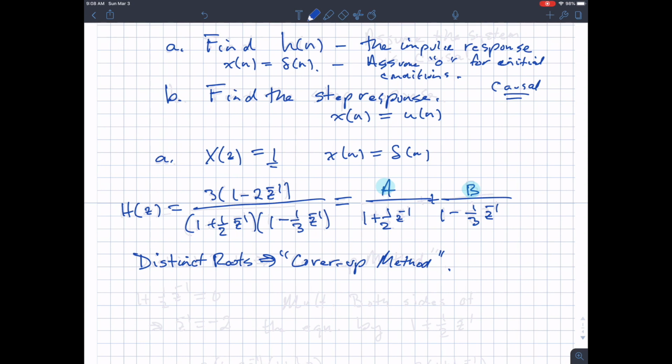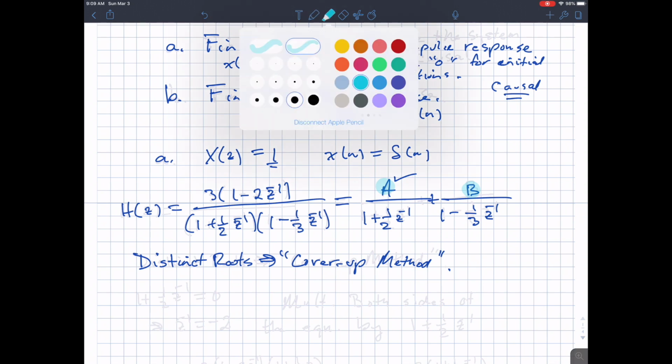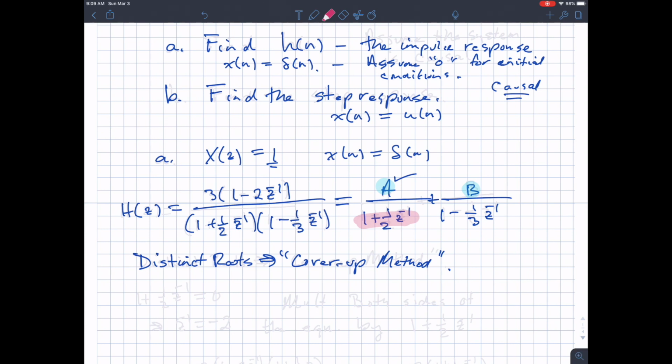I know I want to find the coefficient A, and so I look at the denominator term, and I see, if I want to set that term equal to 0, that happens when z to the minus 1 is equal to negative 2. So I'm thinking about the whole quantity z to the minus 1. I don't solve for z.